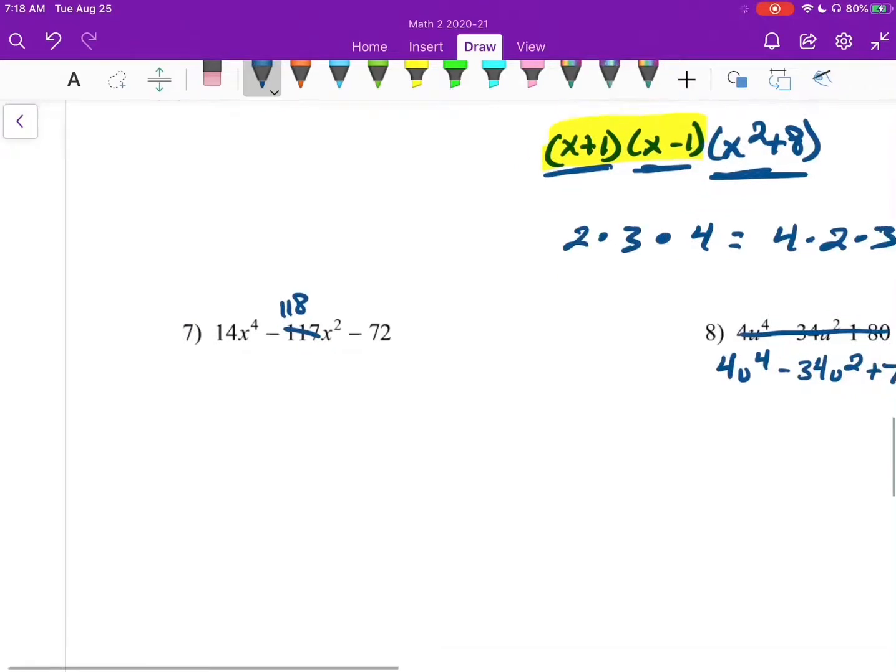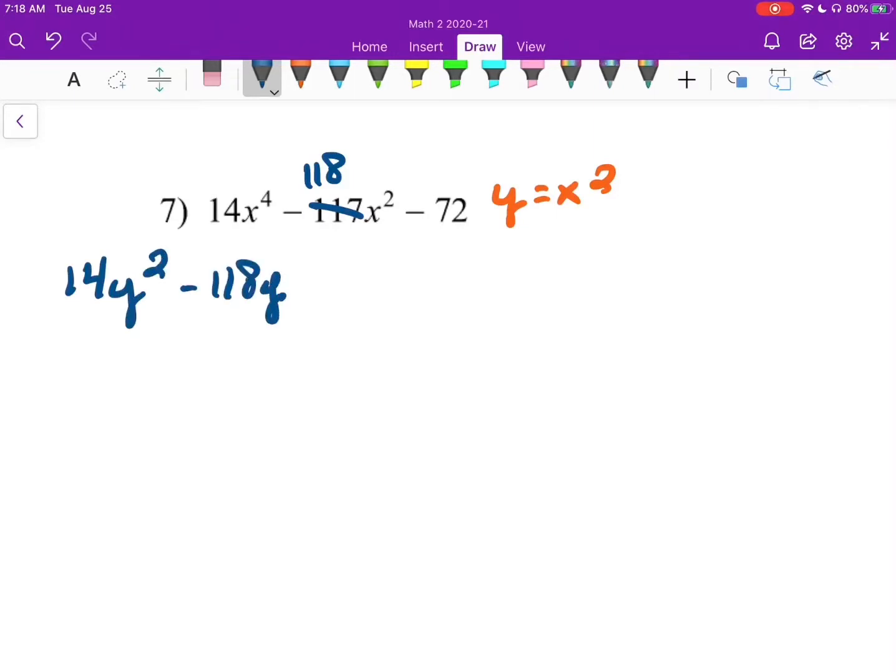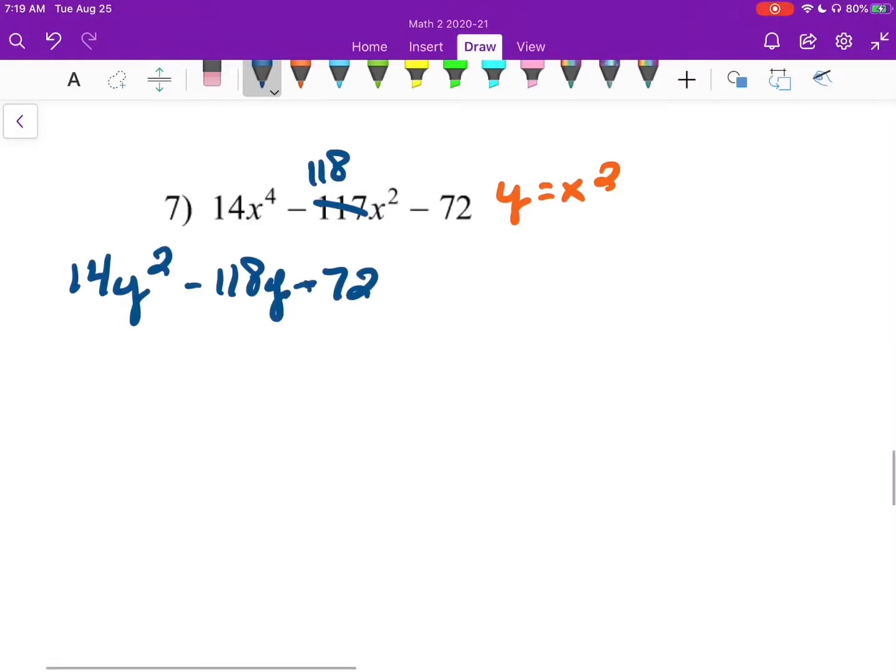All right, number 7. Well, we can start off by plugging in a y. Y equals x squared, so we'll say, well, this is 14y squared minus 118y minus 72. Now, we have the 14 hanging out front. We need to try to get rid of it as much as we can.